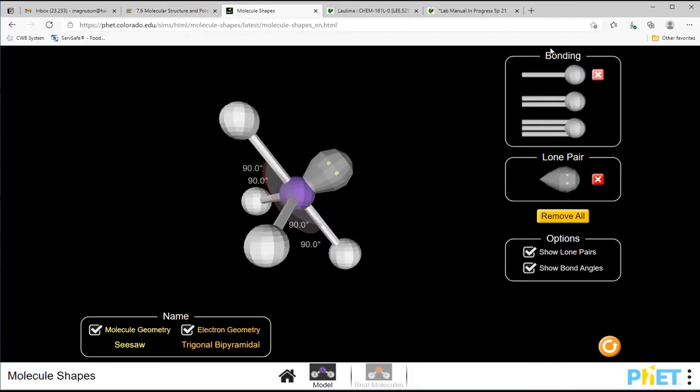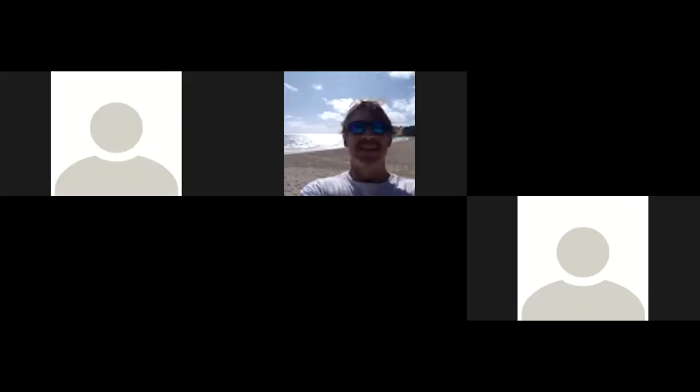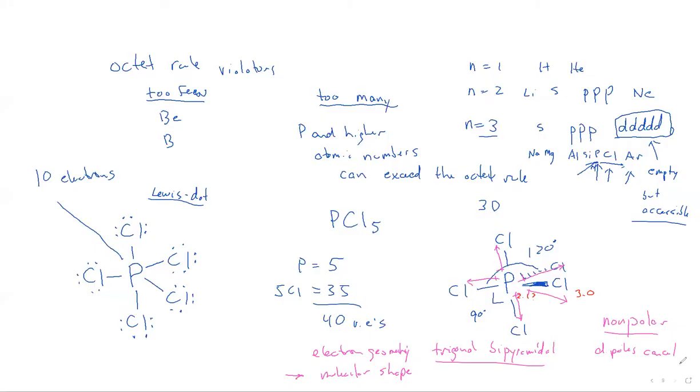So let's picture it. I'm going to have to draw it. So when making a seesaw, I think I have an example of a seesaw.